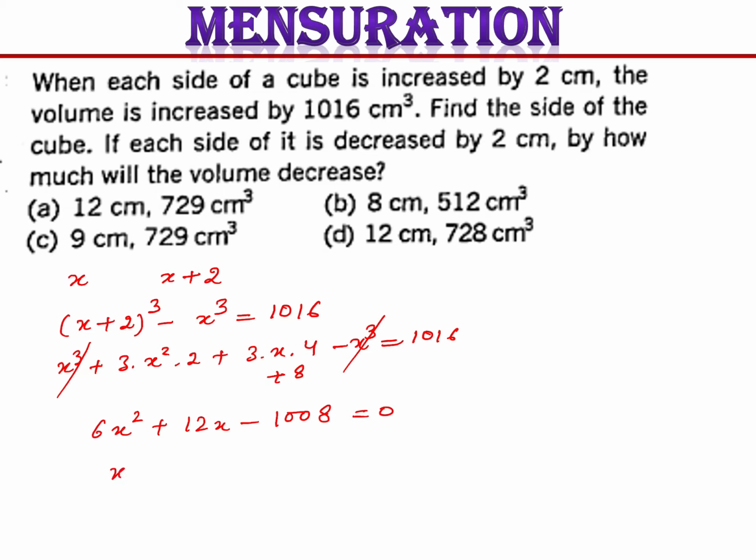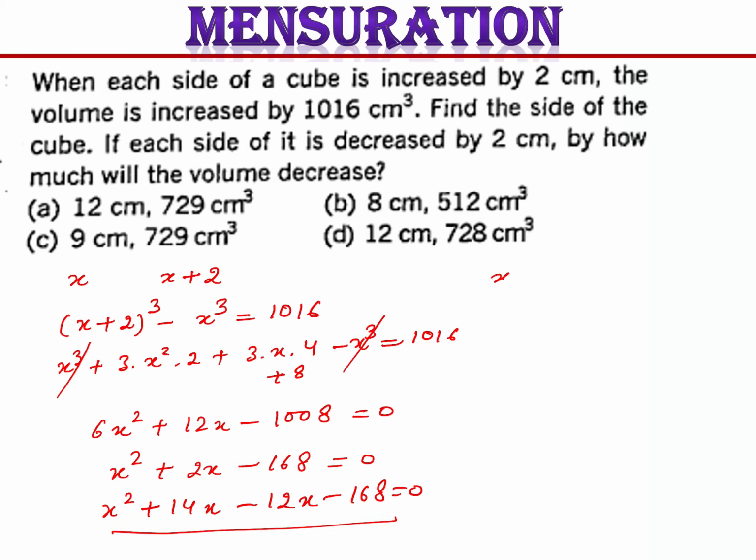So divided by 6, x square plus 2x minus 168. Now you can do middle term splitting. X square plus 14x minus 12x minus 168. So when I solve this, I will get one of the values as minus 14 and the other value will be 12. So we'll reject this value as it is the side of a cube. So the value of x comes out to be 12.